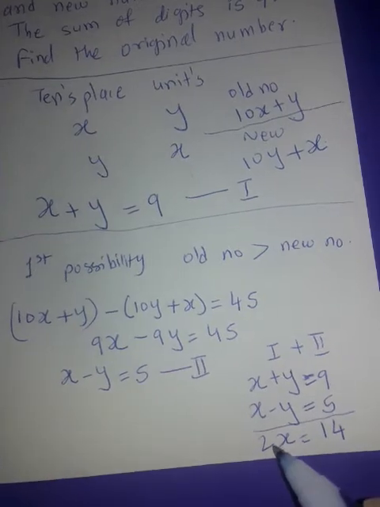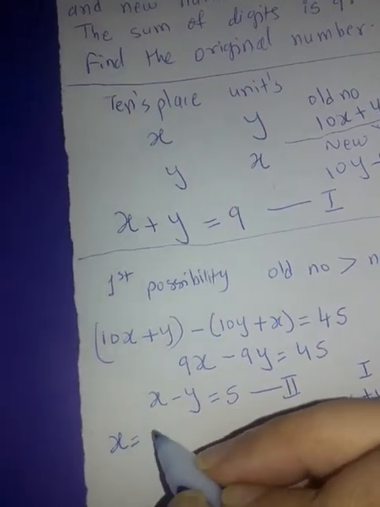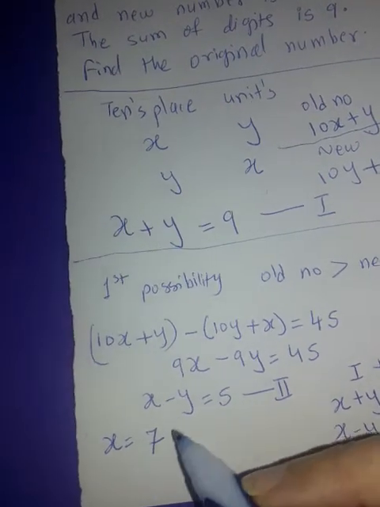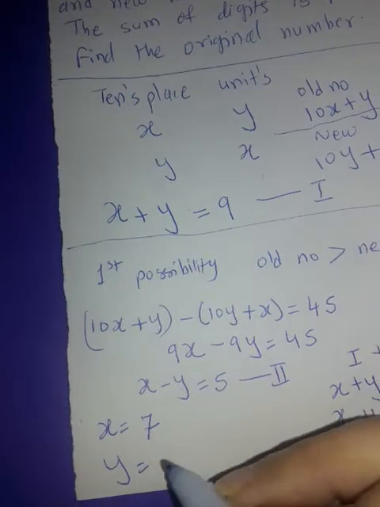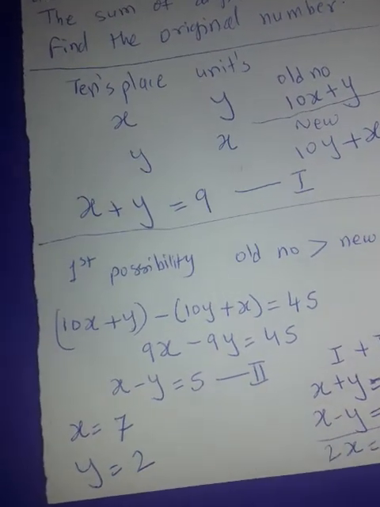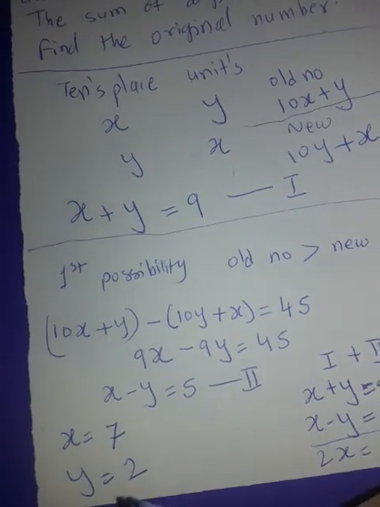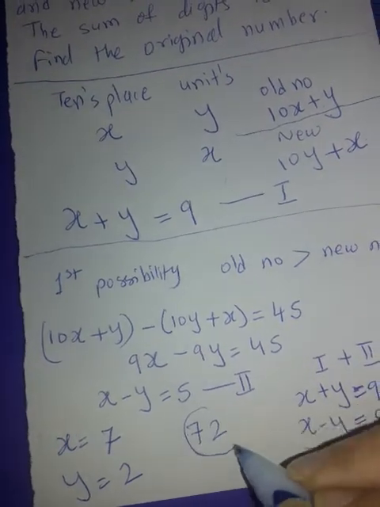So when I add, I get 2x is equal to 14. That means x is equal to 7. When I substitute it here, x equal to 7, I get y is equal to 2. Substitute x equal to 7. 7 minus y is 5. That means y is 2. So my number becomes 72.